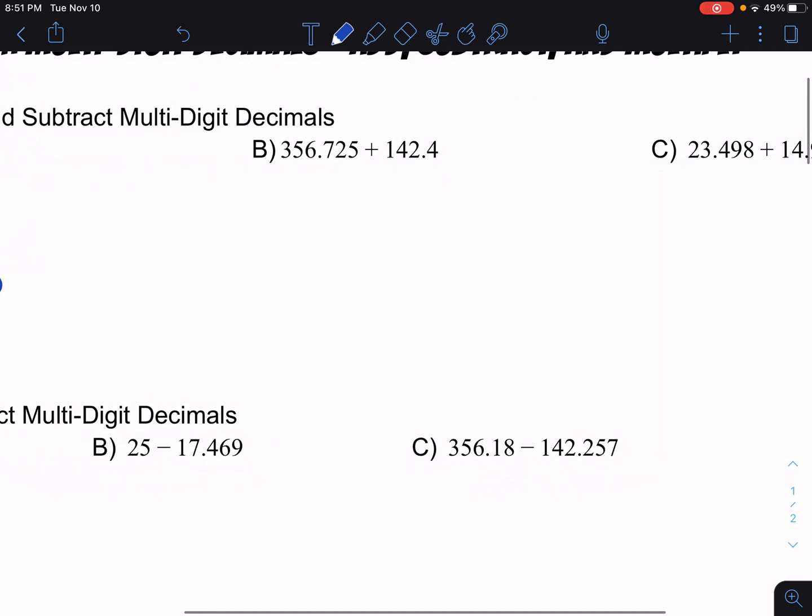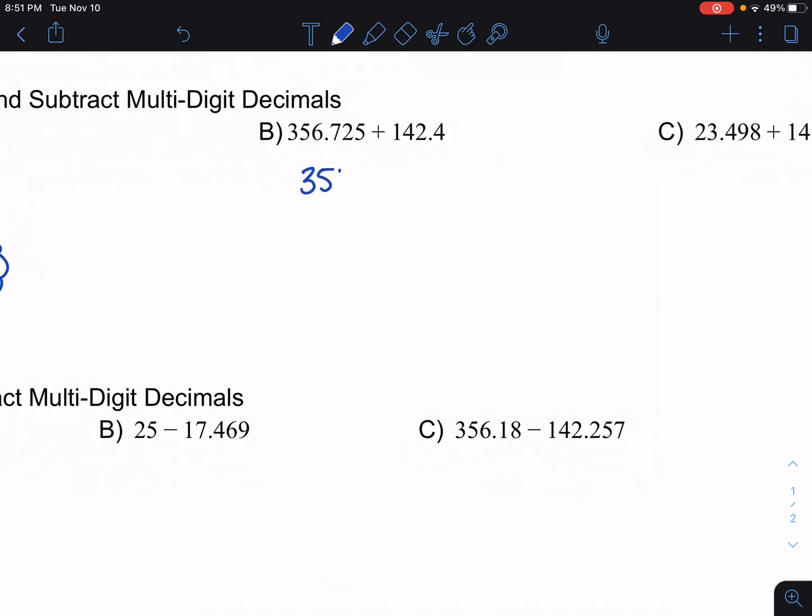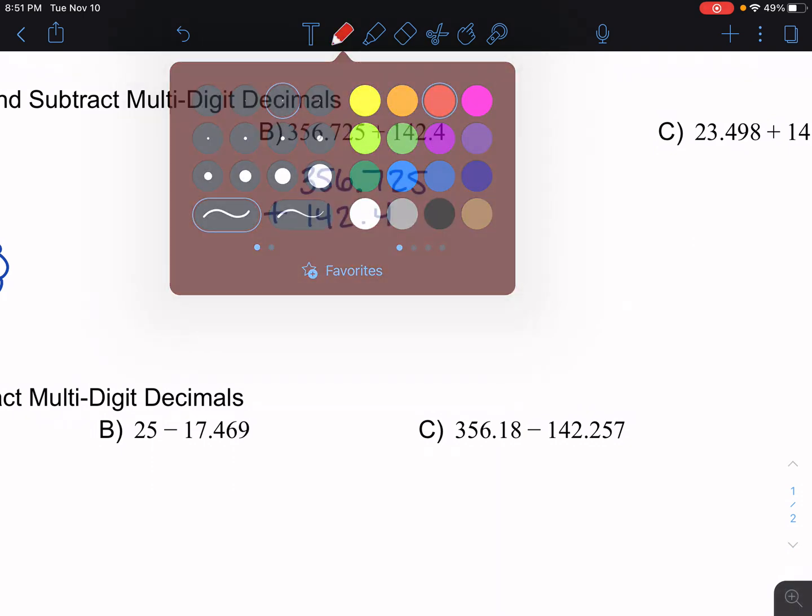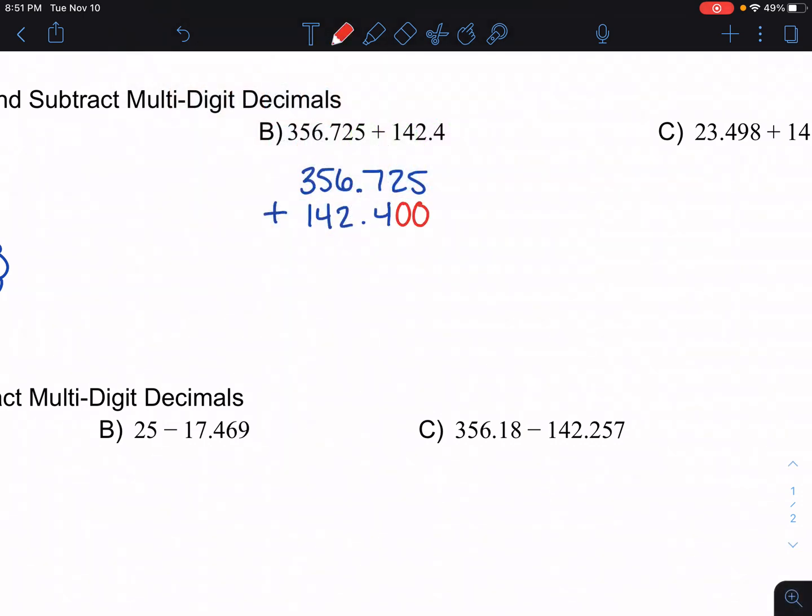In example B, 356.725 plus, and I'm going to line the decimals up. 142.4, and then I'm going to include those placeholder zeros. My decimals are lined up, and I'm going to add straight down. 5 plus 0 is 5, 2 plus 0 is 2, 7 plus 4 is 11, carry the 1.